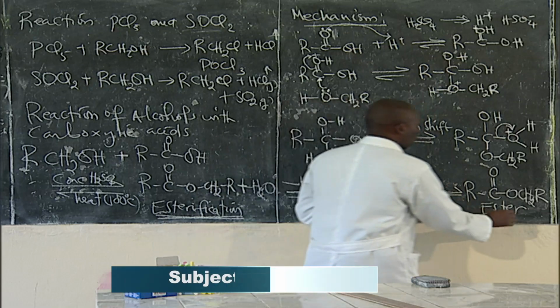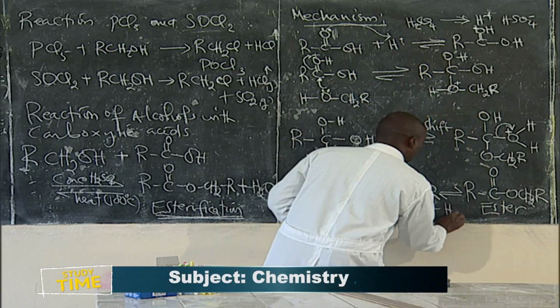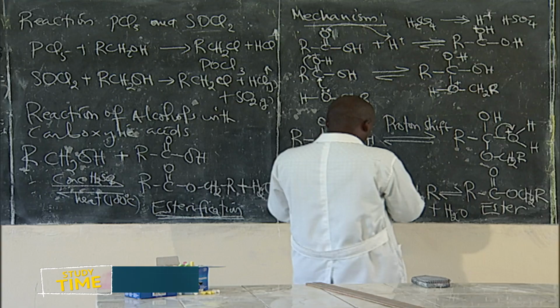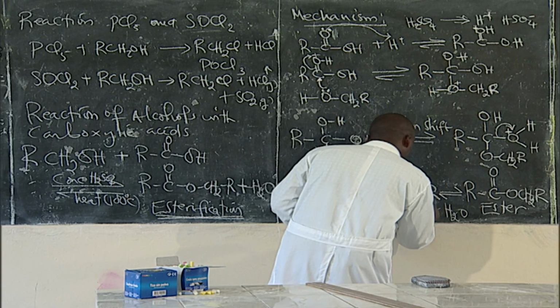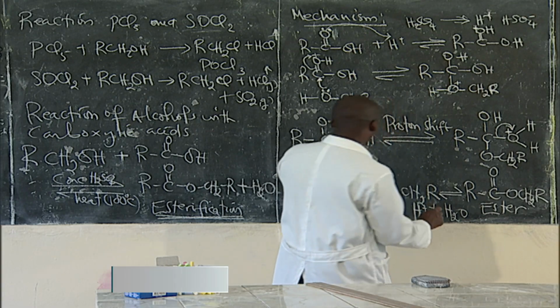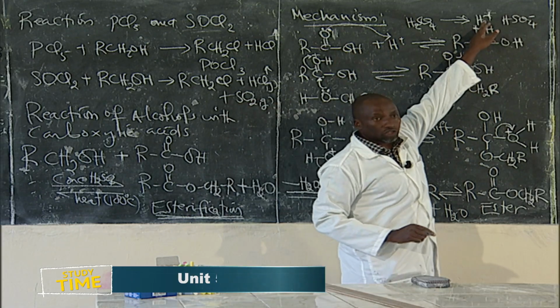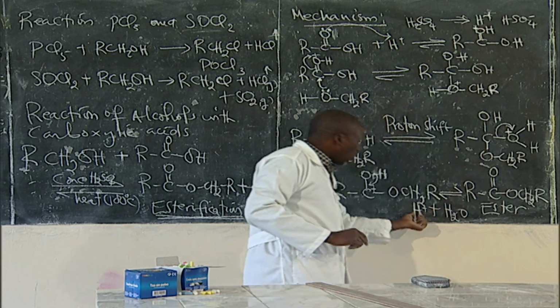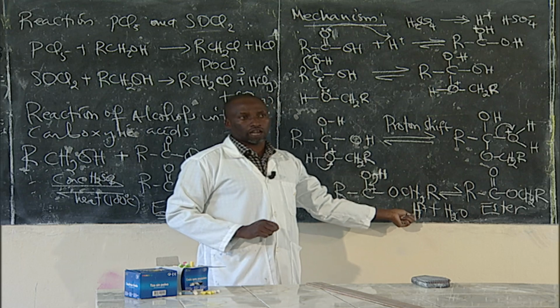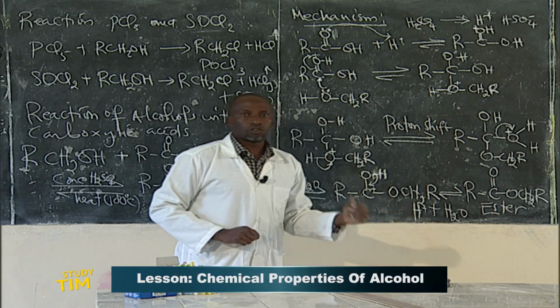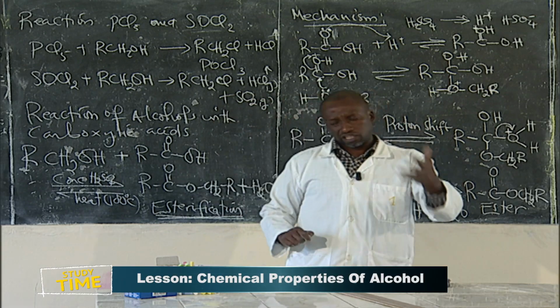Remember, minus water, we said there is plus water, which is formed. The hydrogen has been eliminated. What does this mean? We started with the hydrogen, and we already have the hydrogen at the last. It is not consumed within the reaction.